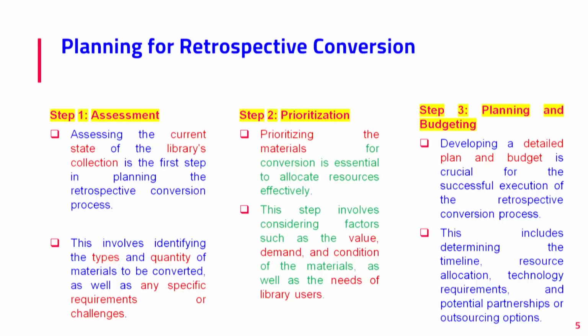So you should make categories based on priority. That priority measurement can be different. It can be based on its value, or its demand, or its condition. These are some of the parameters you can use for prioritizing.